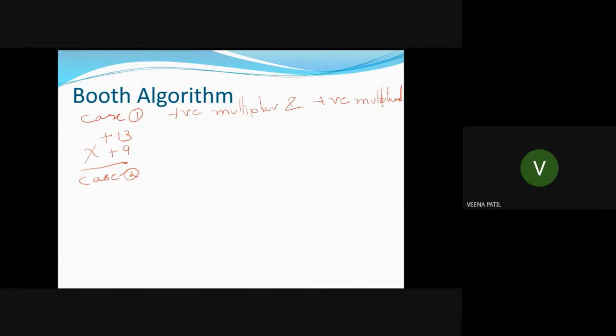How to represent 13? 1101. So how many bits do I have to use? Ma'am, 5 bits. 01101. Please do not make this mistake, because many of you made the same mistake in your second internals. I had given in the question paper 5-bit addition and subtraction.